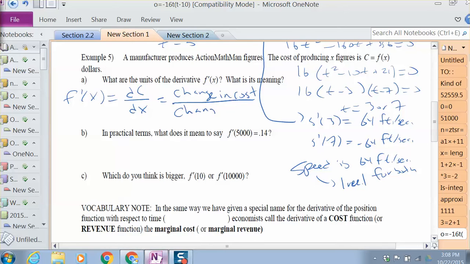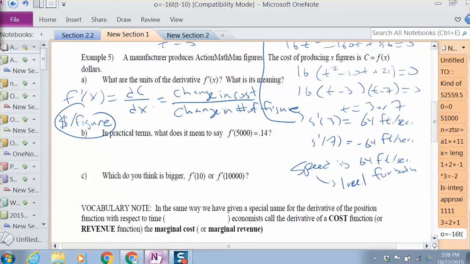So it's like a slope. So the units essentially would just be dollars per figure.